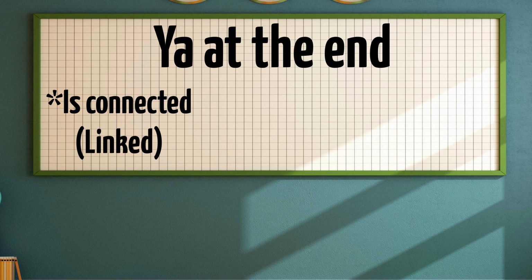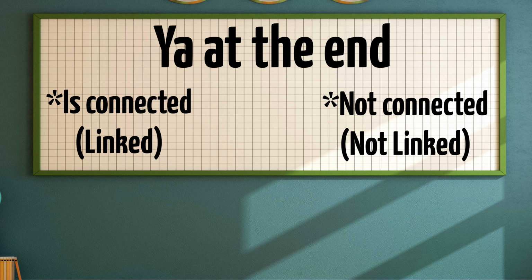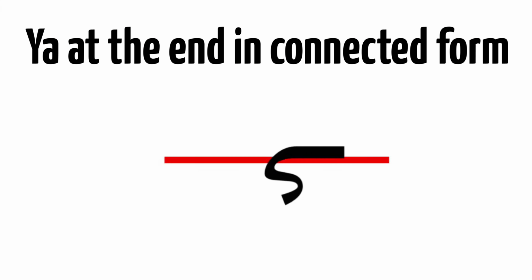Now last but not least for Yeh, let's see how it looks at the end. Yeh at the end is either connected to the letter before it or not connected, and in both cases at the end, just write the Yeh how you write it in its general form as well, or it can also be written in the way that you see right now. Let's take two examples to make that clear.